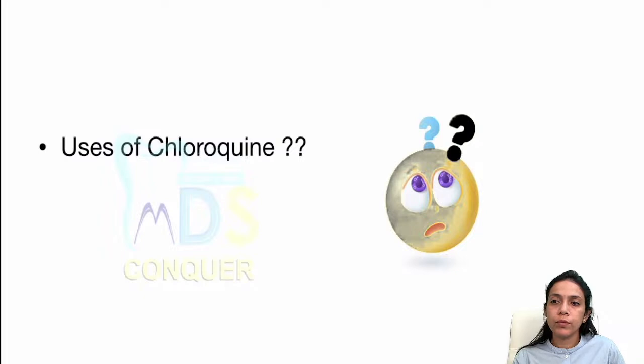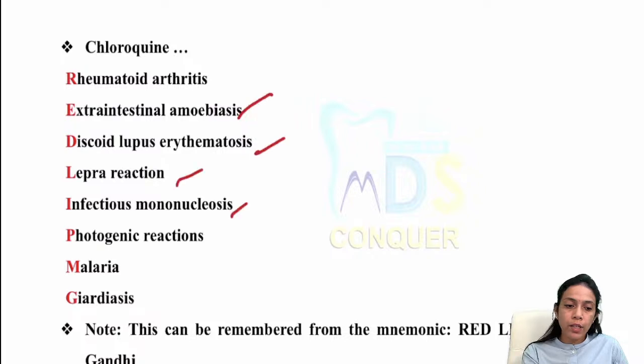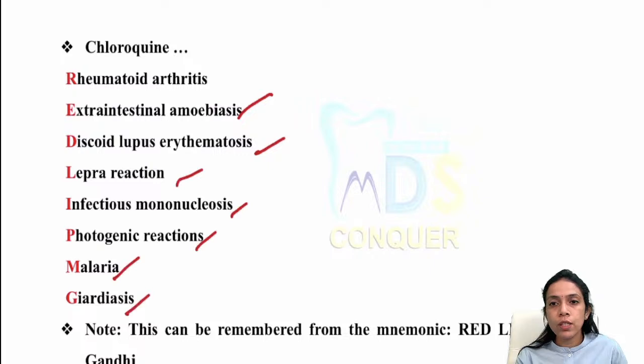Besides malaria, what are the other things? So this is a mnemonic taken from your PP books: Red Lip Mahatma Gandhi. Okay, so rheumatoid arthritis, extraintestinal amoebiasis, DLE, lepra reaction, IM, pathogenic reactions, malaria and giardiasis. So all these are the various uses of chloroquine. The mnemonic that you have to remember.